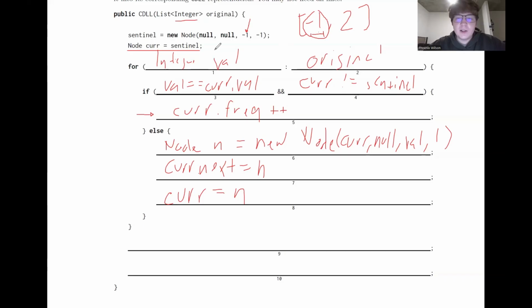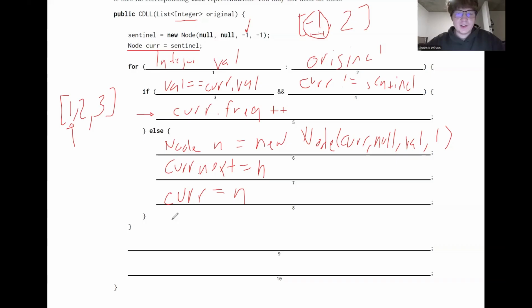For each value in our list, which looks like this, 1, 2, 3, we're going to say if the value of my current node is equal to that value, all I must do is increment my frequency. Otherwise, I'm going to make a new node and then add that to our CDLL. And I'll do all the necessary bookkeeping to make sure the topology of my list looks right, to make sure my list structure looks right.